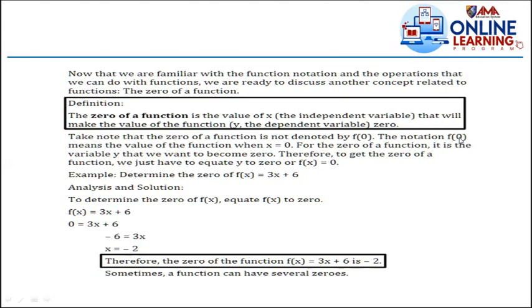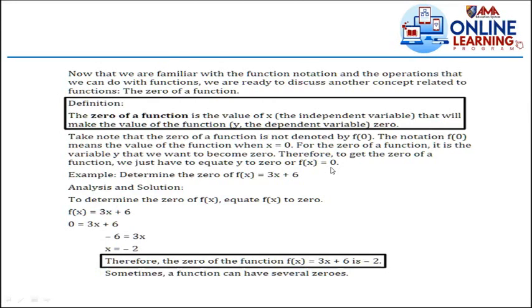Pag ganito, which means the value of x is equal to 0. For the zero of a function, it is the variable y that we want to become 0. Therefore, to get the zero of a function, we just have to equate y to 0 or the f of x is equal to 0.